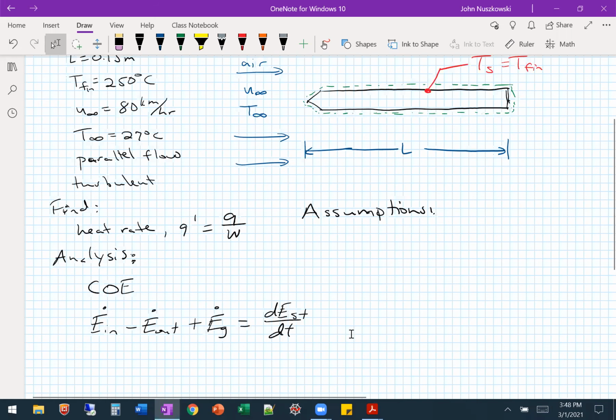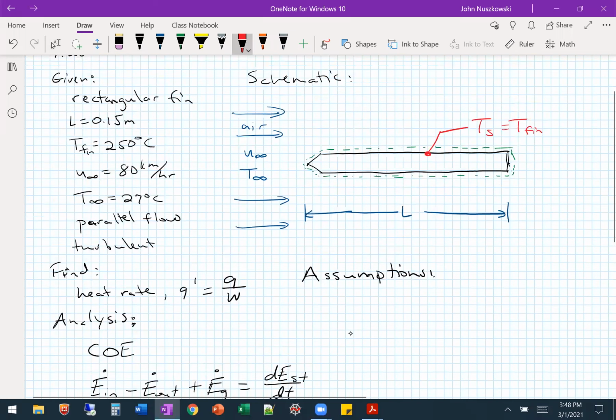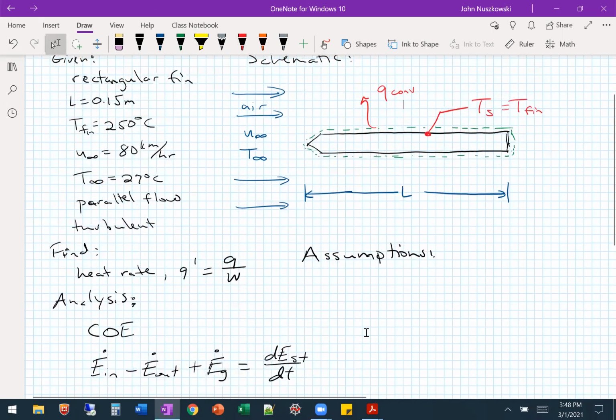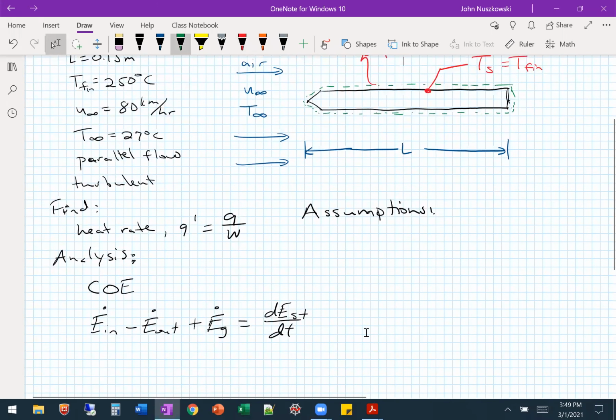Yeah, so it's cooling. So we got some convection leaving, right? Okay. Energy generated or energy stored? Let's cancel those, right? There's nothing generated inside of it. We can assume it's steady state. Okay. So we have cooling.